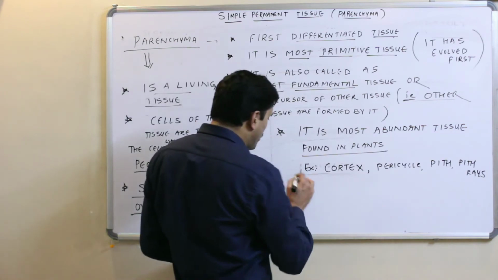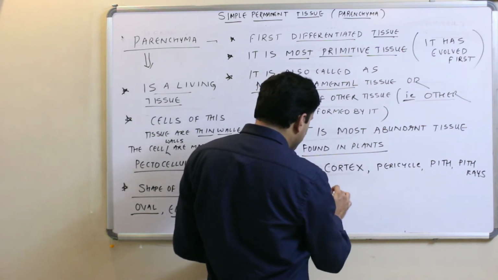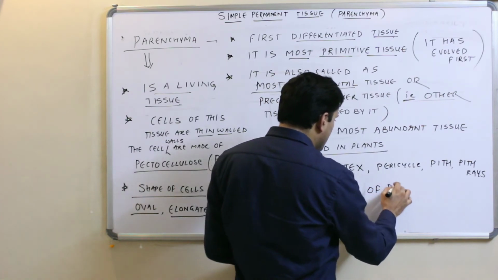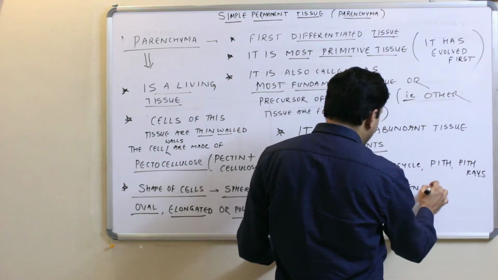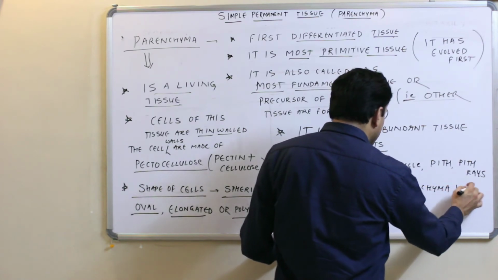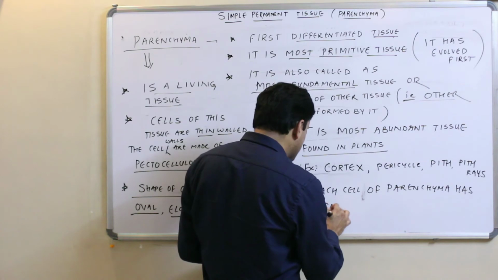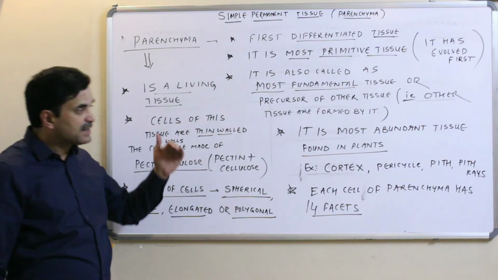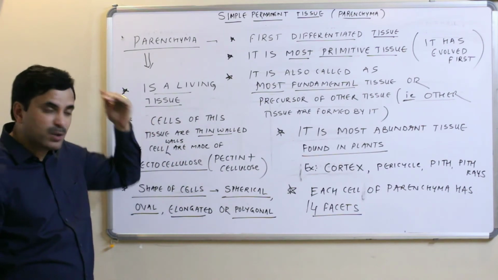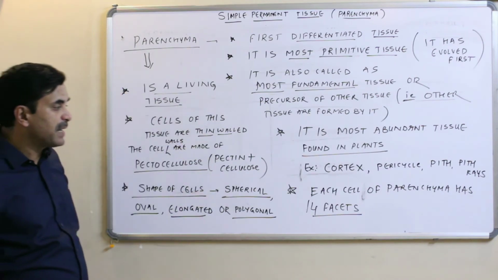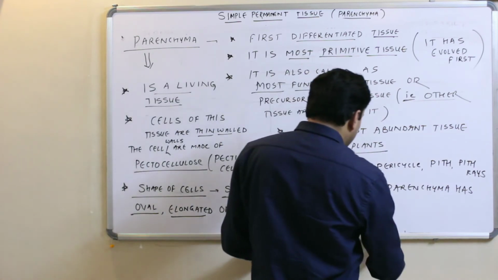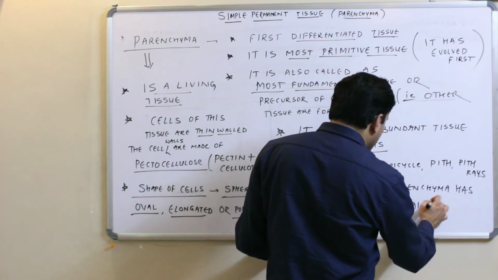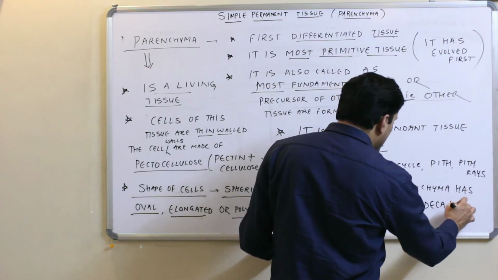Now, very important: each cell of parenchyma has 14 facets, 14 corners. If you examine a parenchyma cell under the microscope, each cell has 14 facets, and that's why it is called tetrakaidecahedron.